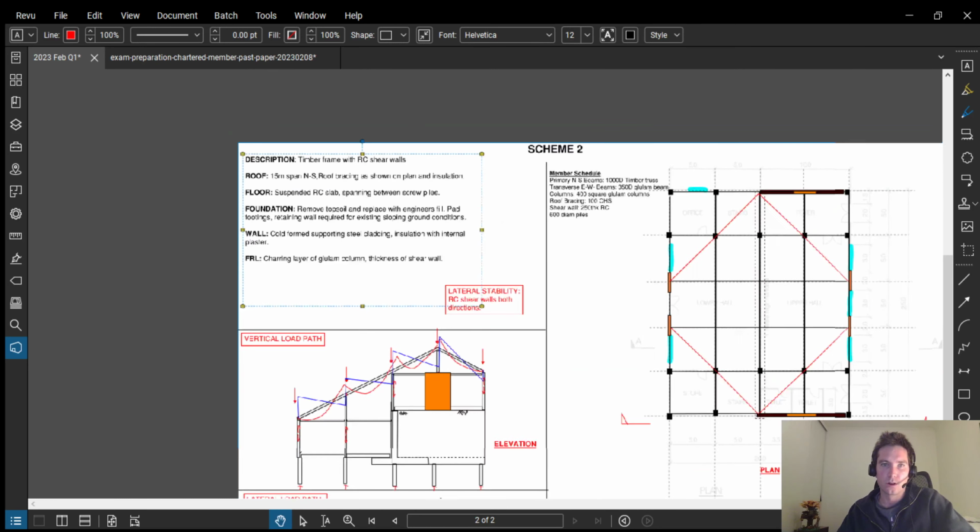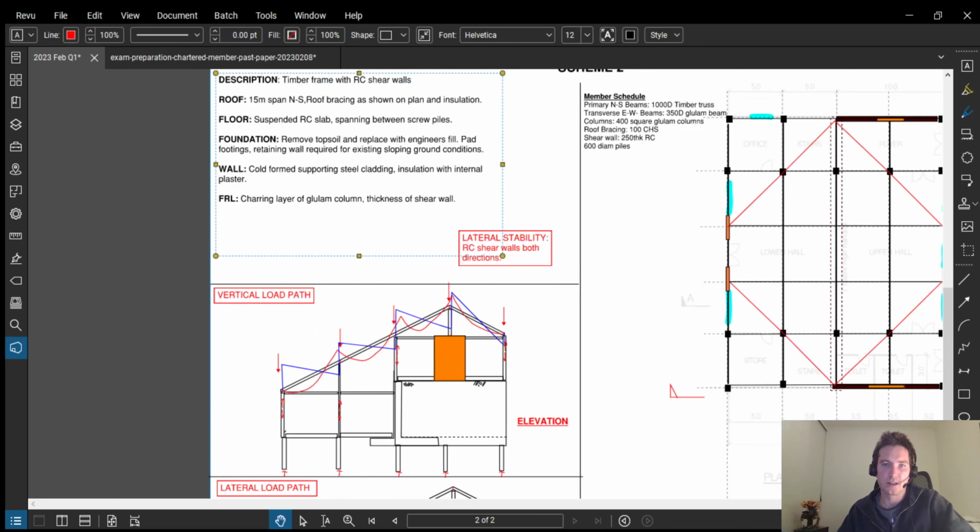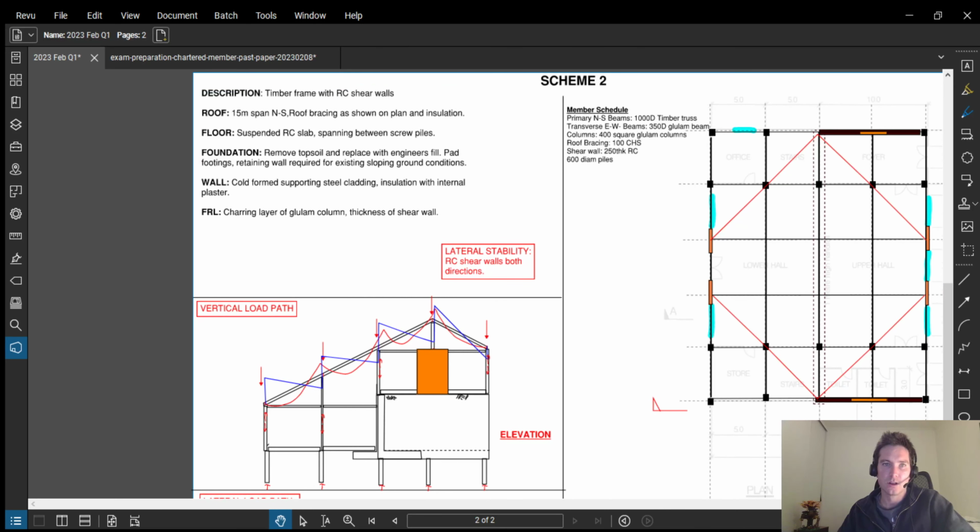the floor, I've opted for a suspended reinforced concrete slab spanning between these screw piles. So the benefit of that is, I don't have to actually strip off that top 300 of the fill that is on site.